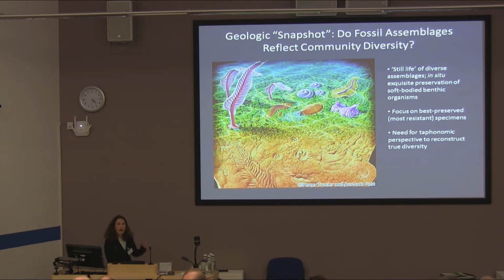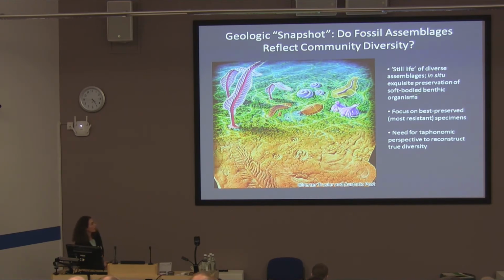However, there's some degree of bias inherent in this perspective, in that traditionally we have tended to focus on the best preserved specimens, that is, the organisms that in life were composed of the most resistant tissue structure. Those organisms that are less well preserved, that likely possessed less resistant tissue, or those organisms that are less easily characterized, such as our textured organic surfaces, have tended to be overlooked.